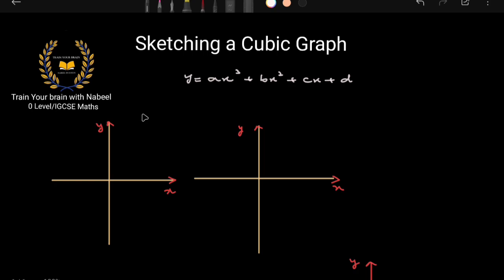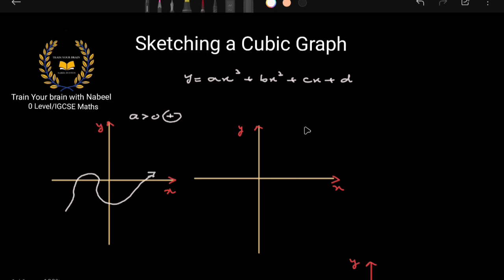If your leading coefficient a is greater than 0, I mean positive, then your graph starts from the bottom left and rises to the top right.